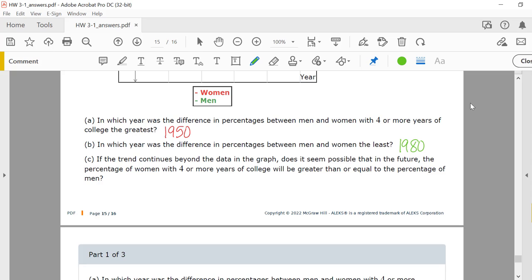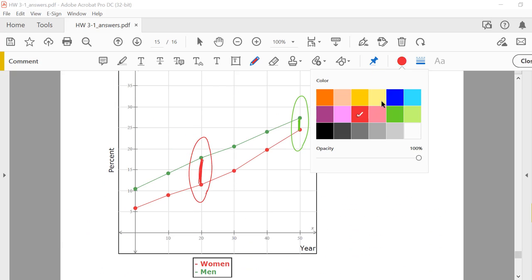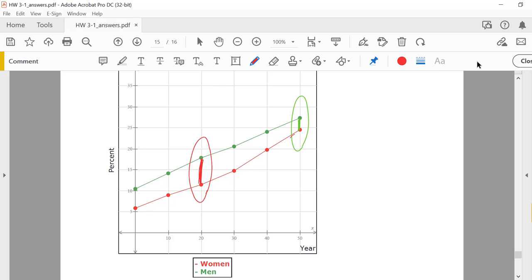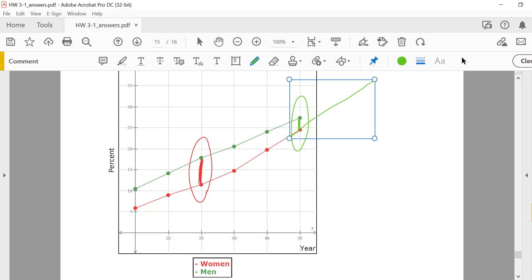If the trend continues beyond the data in the graph, does it seem possible that in the future, the percentage of women with 4 or more years of college will be greater than or equal to the percentage of men? So it looks like the trend to me, the women, if it kept going up, and the trend for the men kept going maybe like this, would it ever get to where the women would be greater than the men?